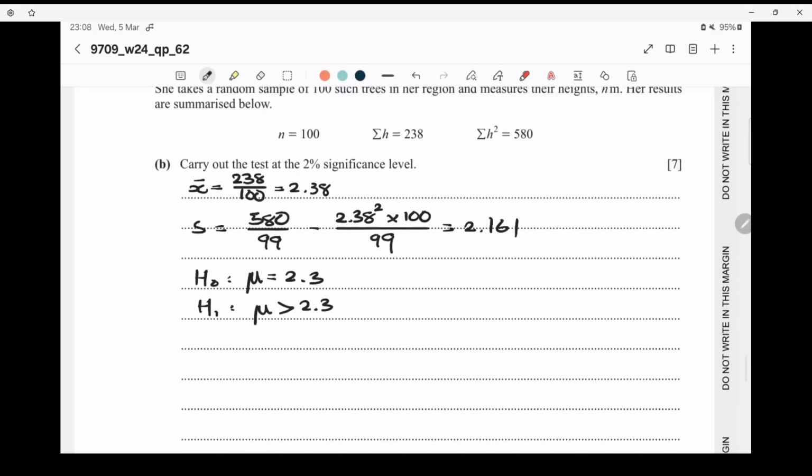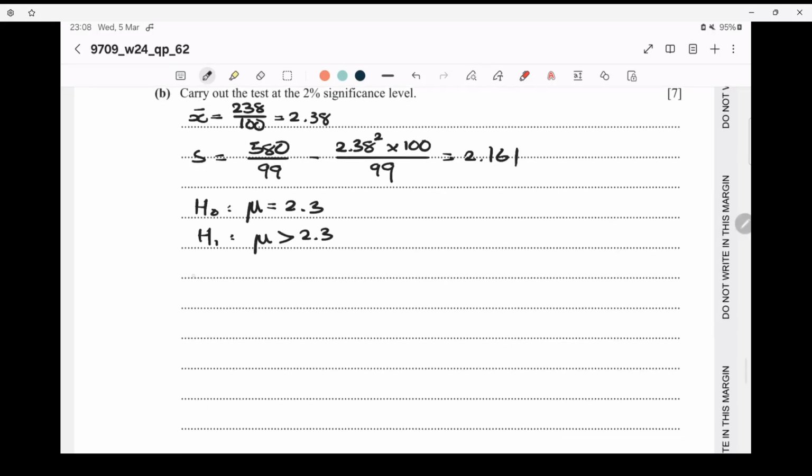Now your sample mean is 2.38. So what you will need to test is this. If this particular probability is smaller than 0.02, then basically you will need to reject your null hypothesis.